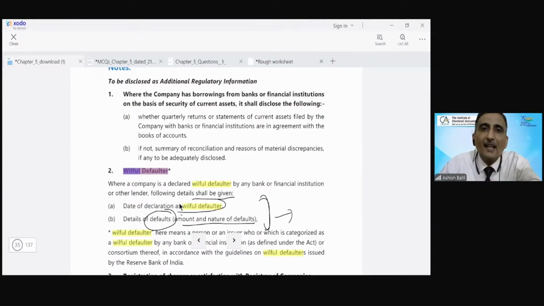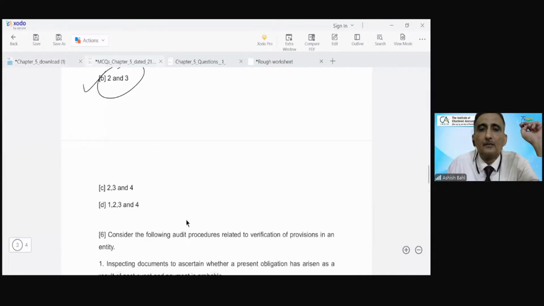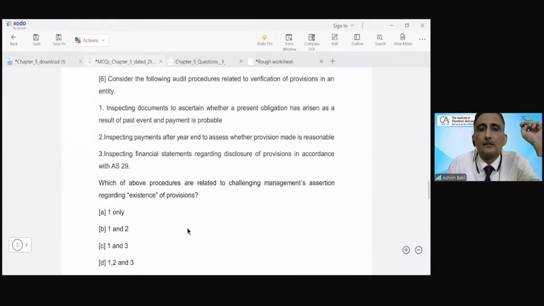Why this has been declared is as per RBI guidelines, that is for the banks to see. Only these two things are required to be disclosed in the financial statements. So answer is B. Okay. Now see question number 6.